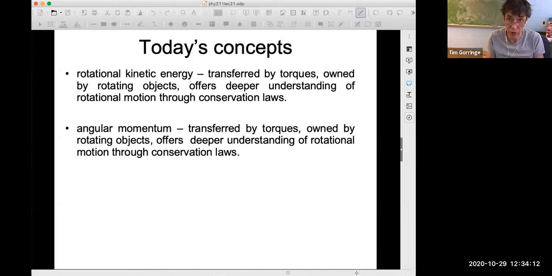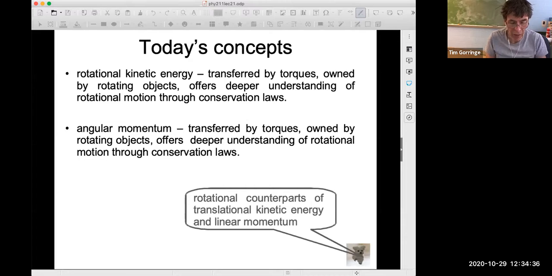It's transferred to and from the rigid body by the action of torques, and it's owned by those rotating objects. And it likewise offers a deeper, fuller understanding of the rotational motion of rigid bodies through conservation laws. So these are really the big topics for today.